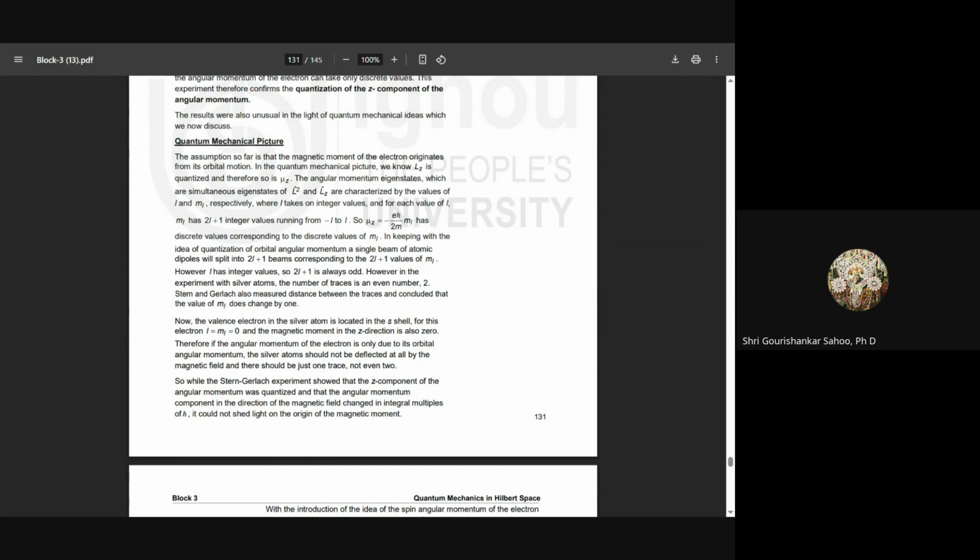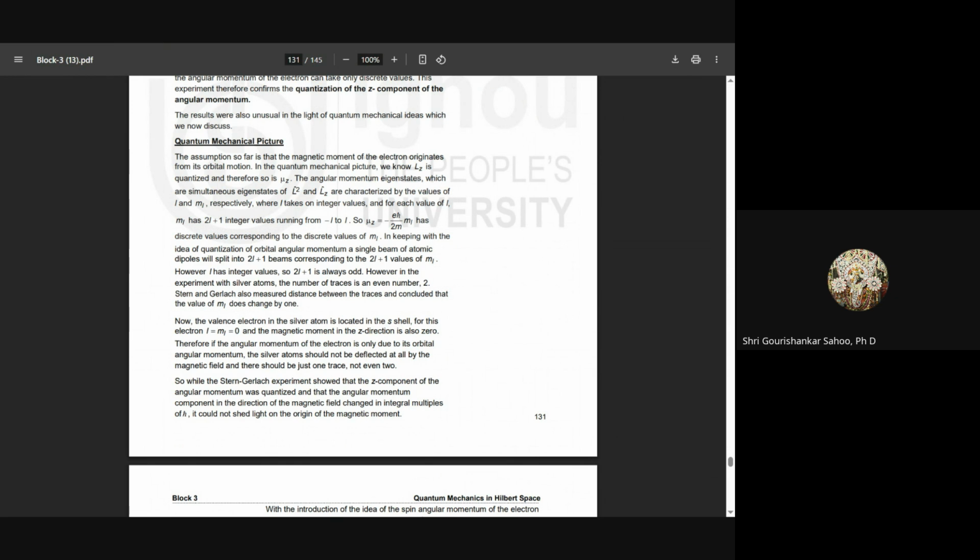Then the angular momentum eigenstates, which are simultaneous eigenstates of L cap square and Lz cap, are characterized by the values of L and ml respectively, where L takes an integer value, and for each value of L, ml has 2L plus 1 integer values running from minus L to L. So you can write mu z is equal to minus e h cross by twice m ml, and it has discrete values corresponding to the discrete values of ml.